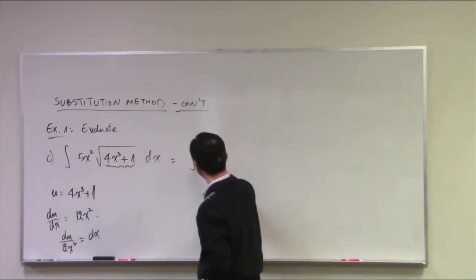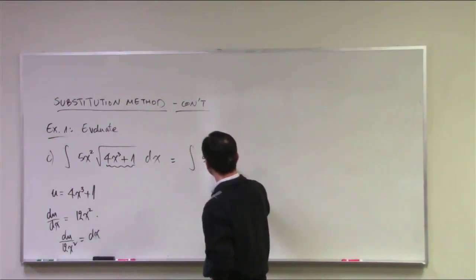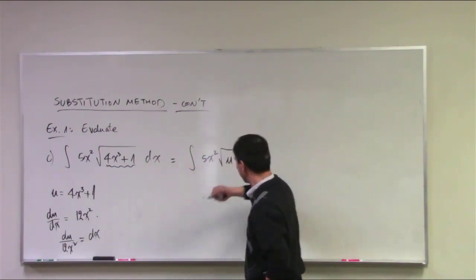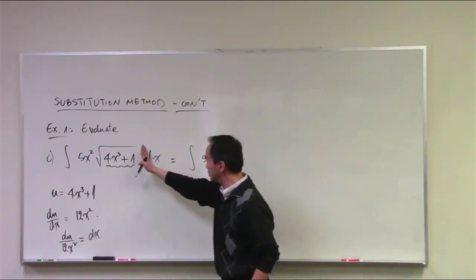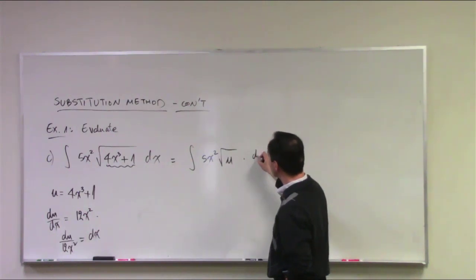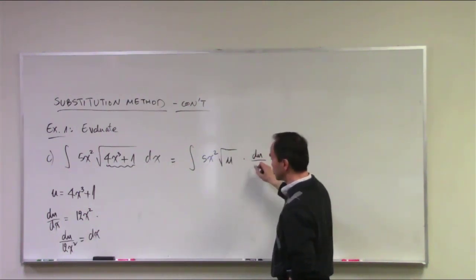We're looking at 5x squared times the square root, but inside the square root, the entire expression now becomes u. And the dx, which is a product connecting the function with the differential, is now substituted by du over 12x squared.